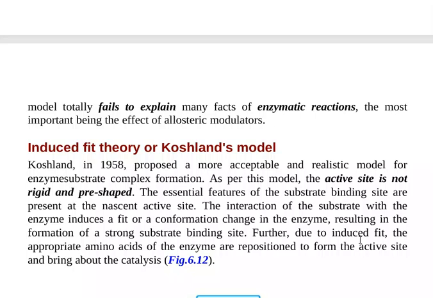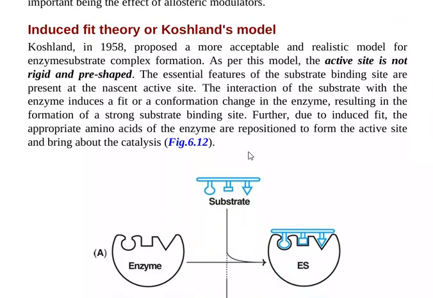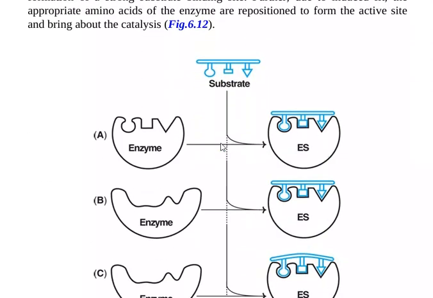Furthermore, due to induced fit, the appropriate amino acids of the enzyme are repositioned to form the active site and bring about catalysis. So if you see this figure, this is the substrate and this is an enzyme. This is the lock and key model where the substrate fits with the enzyme, like a key and lock have a relation.